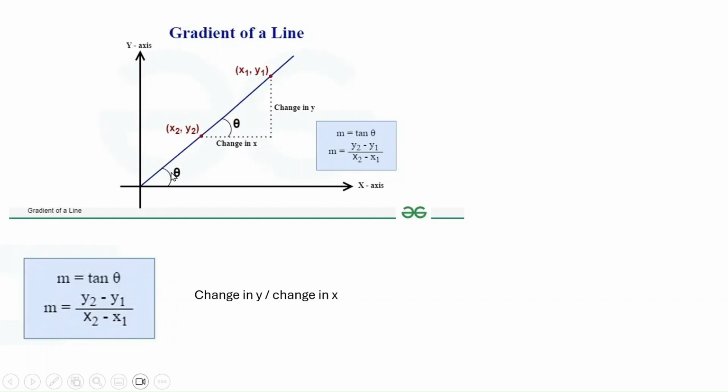If this line intercepted the axes further up in the positive values, it would be y equals mx plus 1, 2, 3, 4, 5, whatever number. Likewise, if it intercepted in a negative value, it would be y equals mx minus something, to show me starting at a lower point. If the line sloped downwards, it would be minus mx, just a negative gradient.